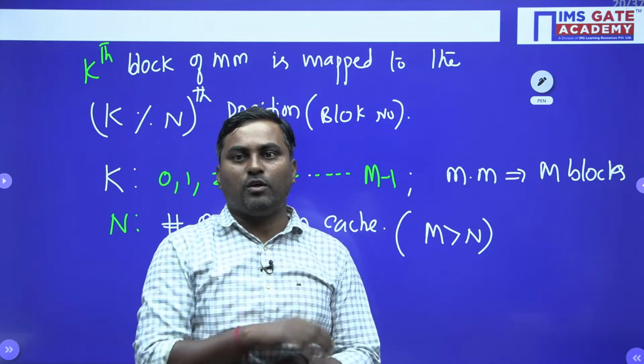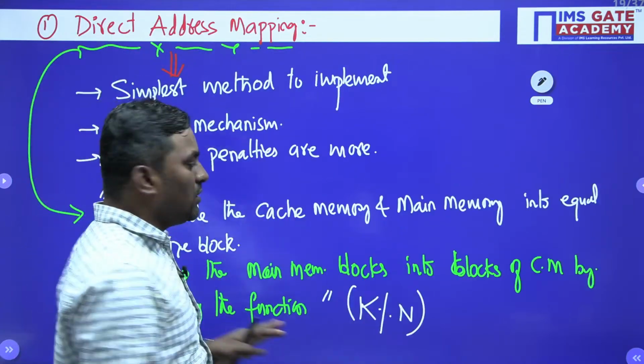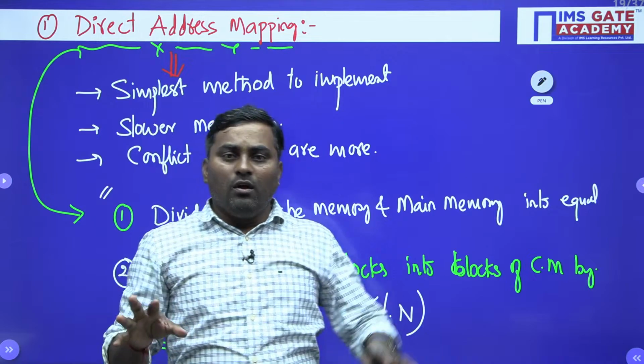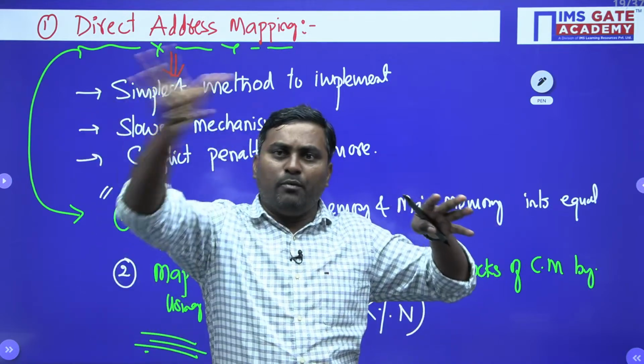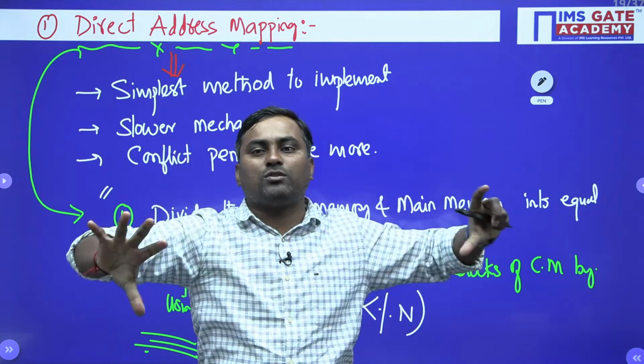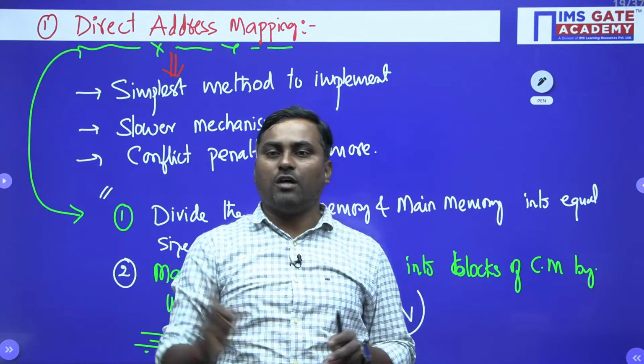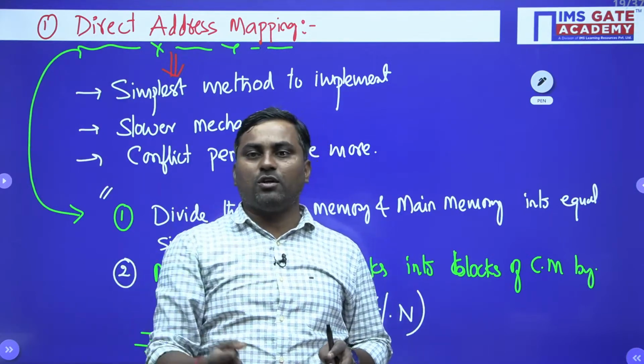I hope this point is clear. There are only 2 points I am repeating. How does mapping occur from main memory to cache? Very simple. Organize the cache and main memory into equal sized blocks. Blocks of main memory map to cache memory blocks using the function k modulo n.